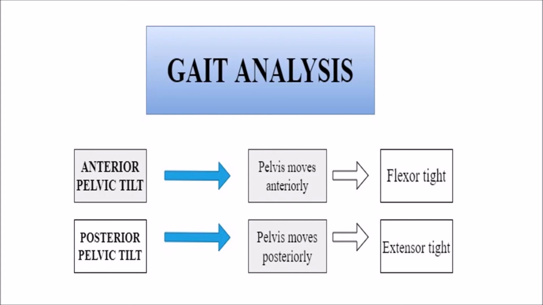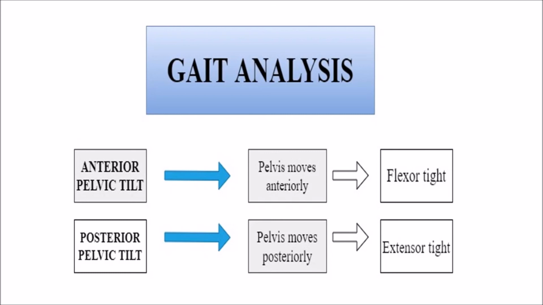Next is posterior pelvic tilting. The pelvis moves posteriorly and the pubis moves anteriorly. How you measure it is when the pubis moves forward from the sternum, it means there is a posterior pelvic tilting, and extensor tightness occurs, which is opposite to the anterior pelvic tilt, resulting from the posterior pull of the pelvis.